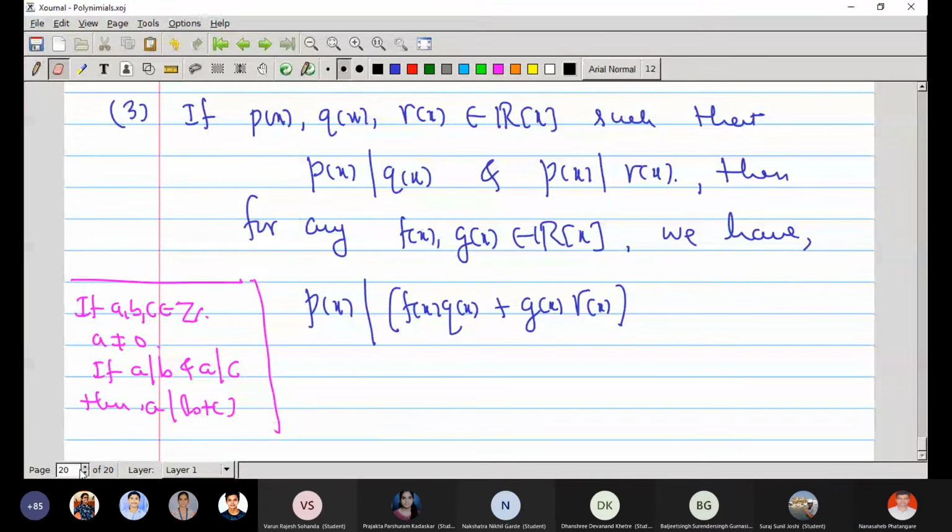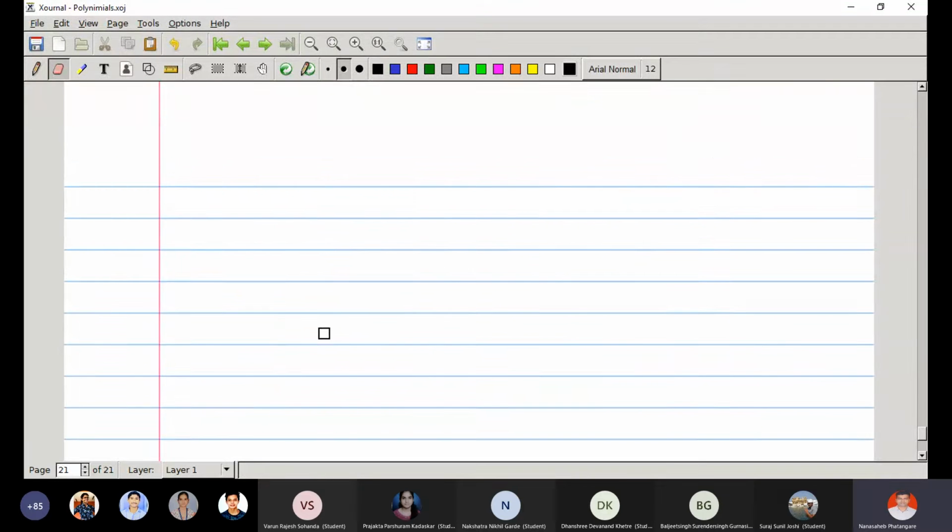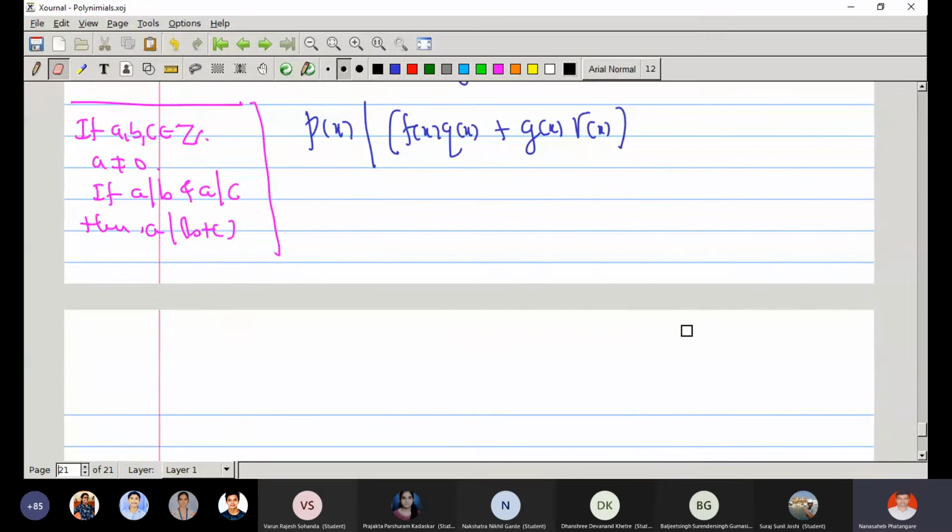Yes. Now further, not only does A divide the sum, but also A divides Bm plus Cn for any m and n in integers. If you take a combination of B and C with any other integers, still A divides that combination.